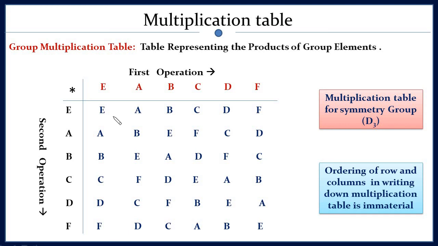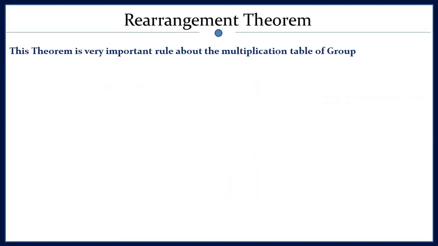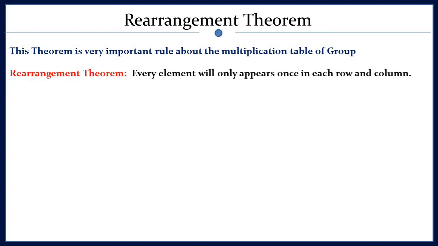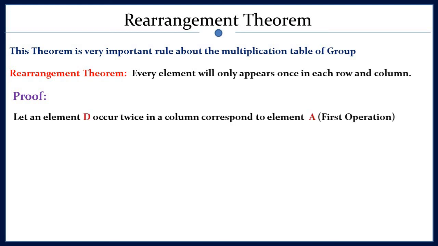This forms the basis for the rearrangement theorem. So what is that? The rearrangement theorem is a rule for the multiplication table of a group, and it says every element will only appear once in a row and in a column. How can we prove it? Let's assume, for the time being, that an element D occurred twice in a column corresponding to element A as the first operation.